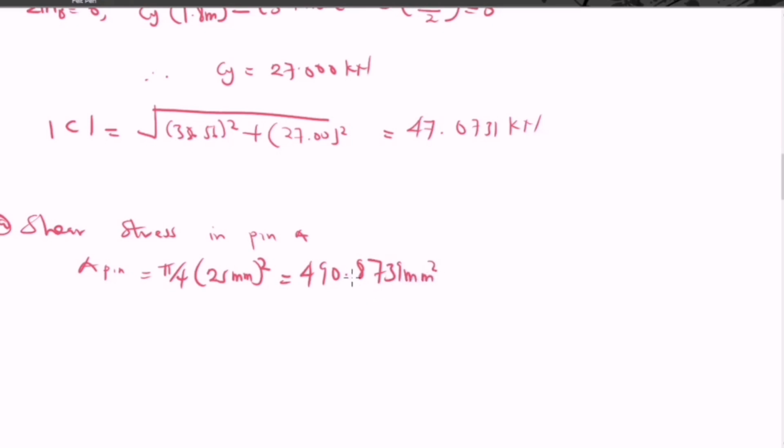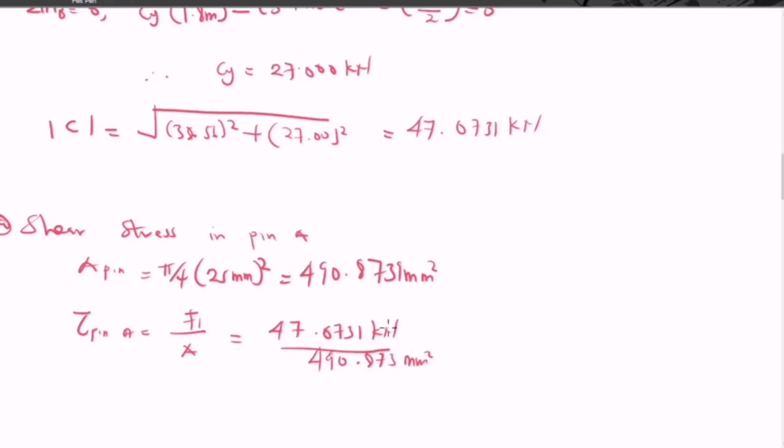Then since we found F1 will represent the resultant force at pin A, therefore, you finding the shear stress as what? Pin A will be equal to the resultant force, which was F1 over the area of pin A. In that case, we know that the resultant force that we had was 47.0731 kilonewton all over the area, which we had 490.873 millimeters squared.